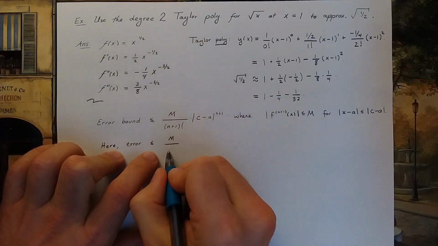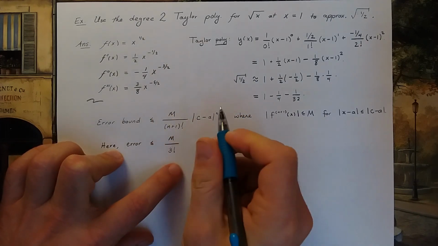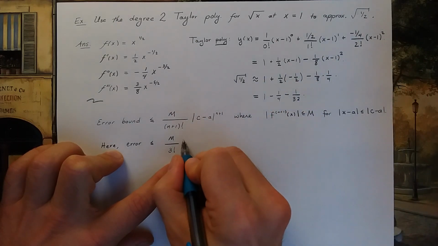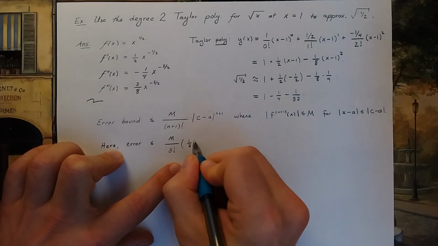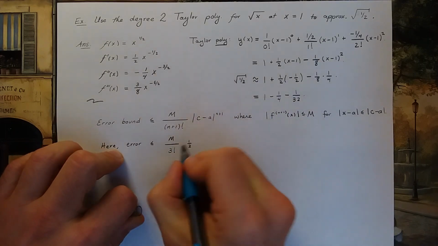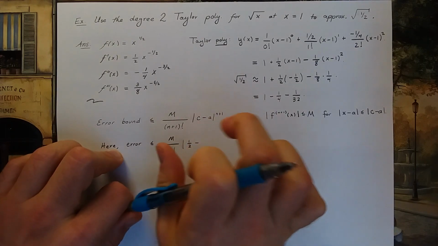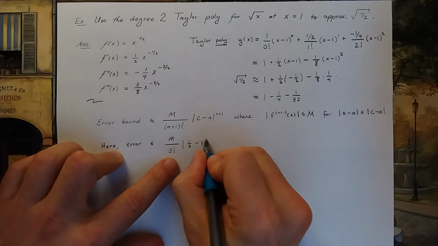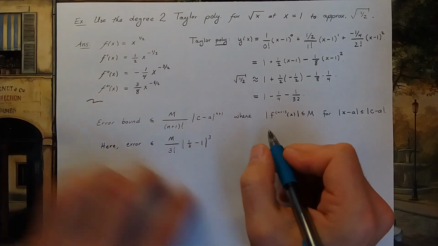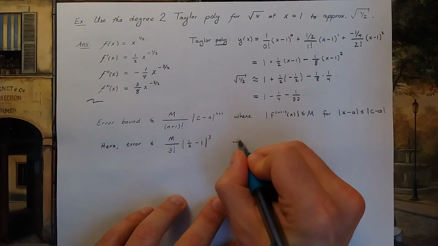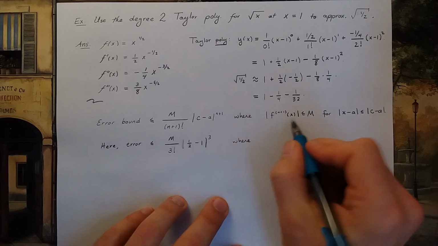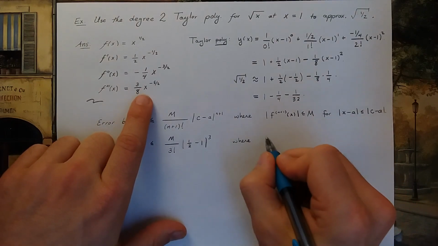N is equal to 2. So I get 3 factorial. C is equal to 1/2. So 1/2 minus the center. The center is 1. So I have this to the third power, where I need to write down the third derivative, which I already took over here.